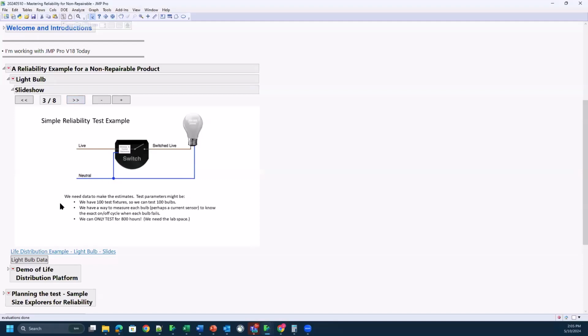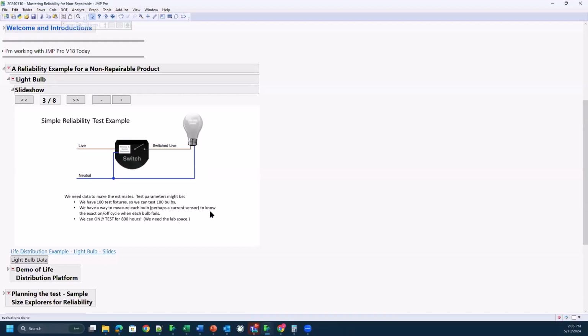Now, we need data to make our estimates. And some of these test parameters might be that we've got 100 test fixtures in our laboratory, in our test building. So we can test 100 bulbs at a time. Each one of them has a switch or a counter on it to know how many on-off cycles we have applied to each bulb.